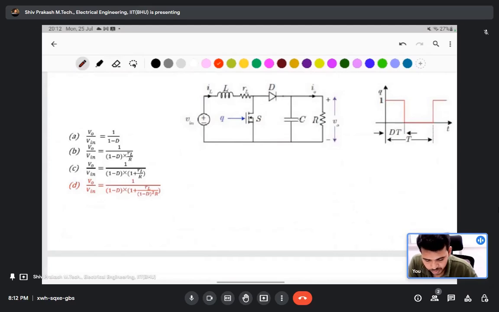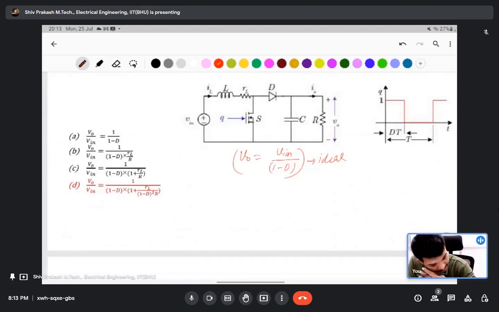If you see this converter, this is the boost converter, not an ideal boost converter. Here the inductor resistance is also mentioned. If you know about the boost converter, V naught is equal to V in divided by 1 minus D in the ideal condition. But here it is not ideal; RL is mentioned here.